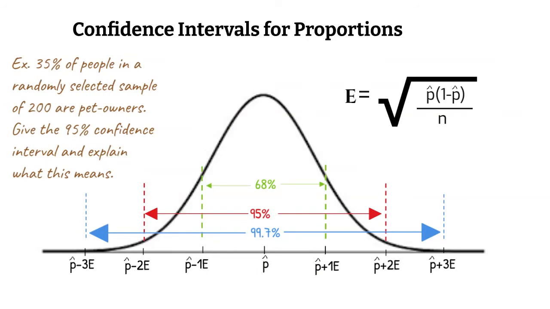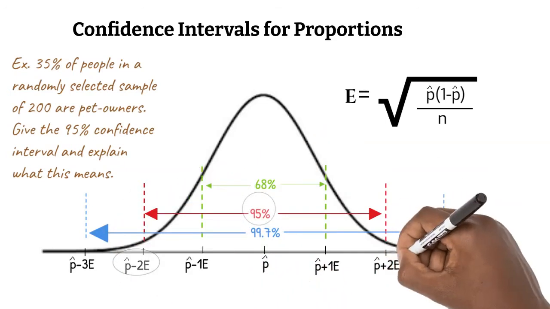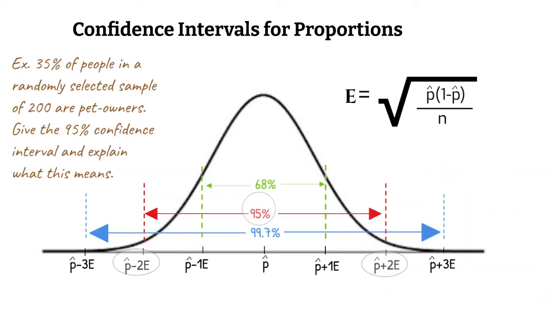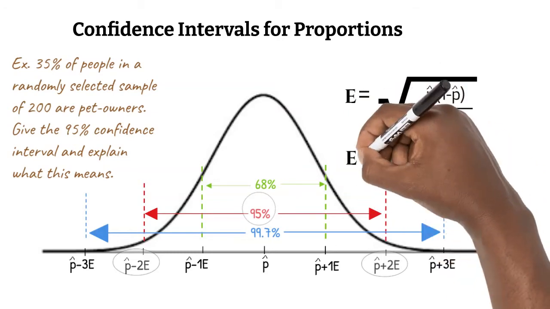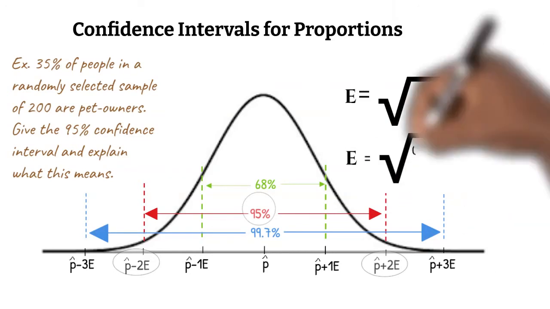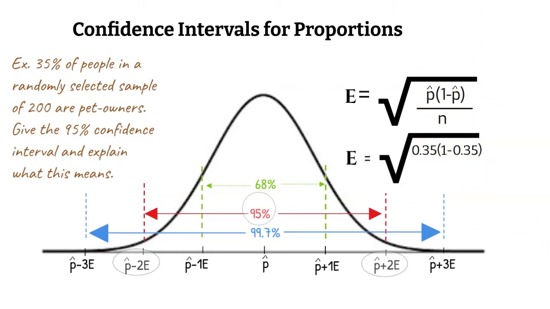We know from our normal model that 95% of proportions are between two standard errors below our sample proportion and two standard errors above our sample proportion. Our sample proportion is 35%, or 0.35. To find the standard error, we use the formula E is equal to the square root of 0.35 times 1 minus 0.35 over the sample size, 200.